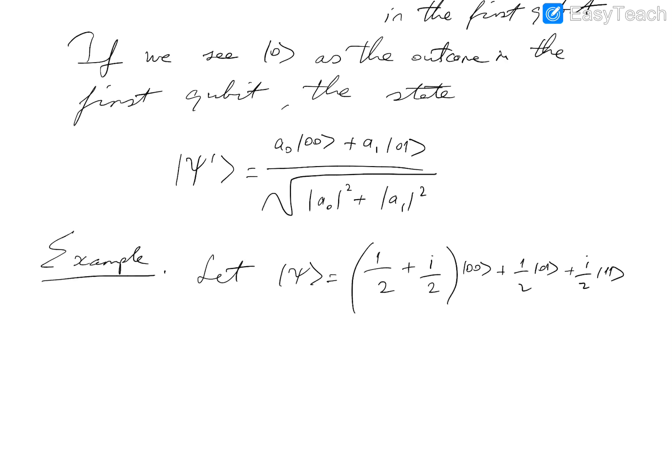So the amplitude of the basis state |10> is simply 0. So what's the probability of seeing ket 0 in the first qubit? Well, it's simply 1/2 plus 1/4, which is 3/4.